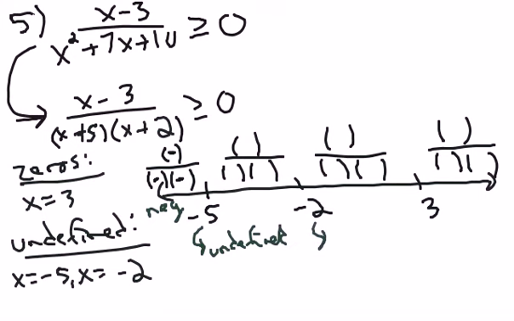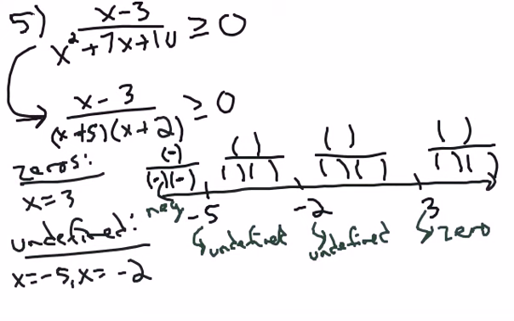This is also a point of undefined. And this is a 0. Just so I'm sure to definitely not include these two in my final answer. This one I could possibly include the 0 here, since I'm interested in the greater than or equal to 0. Okay, so we'll see that in a second.